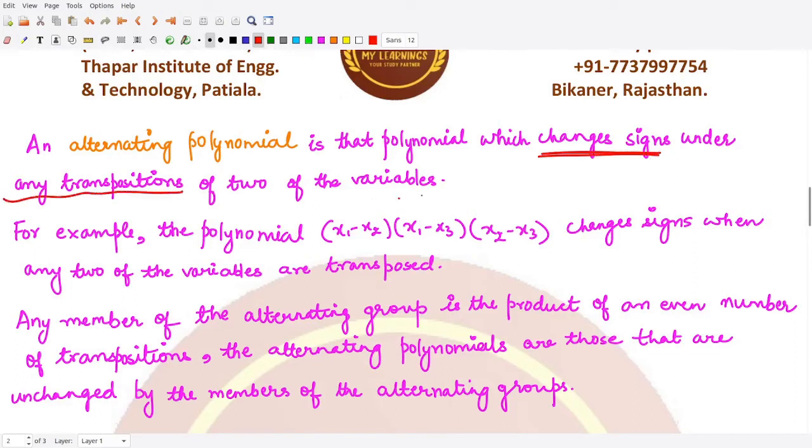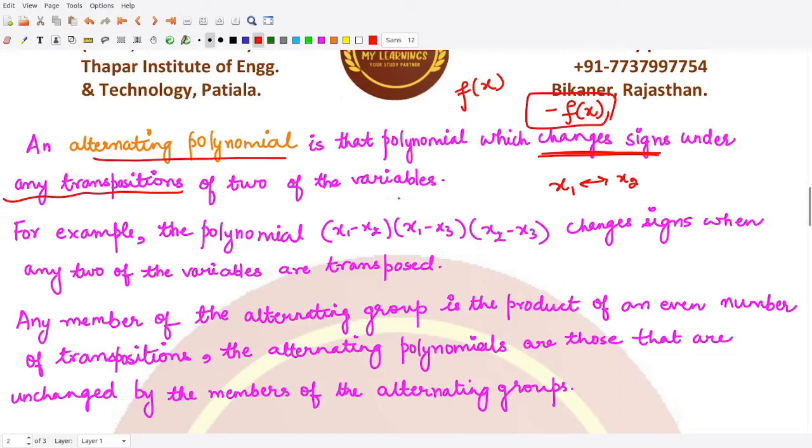So whenever we apply a change, suppose our polynomial is f of x, and x1 is changed to x2, we would have the polynomial minus f of x. If this happens, we would say our polynomial is an alternating polynomial.